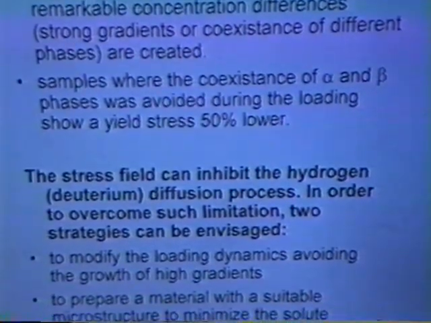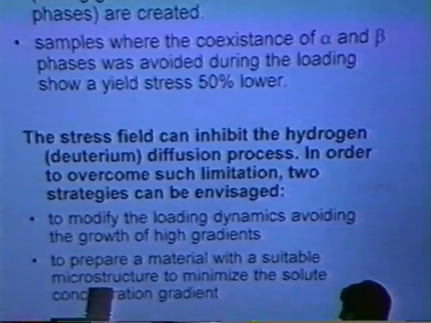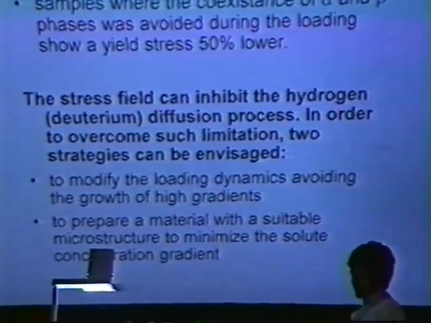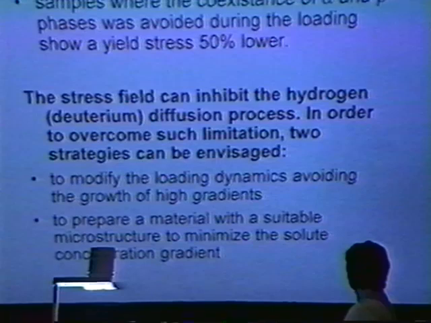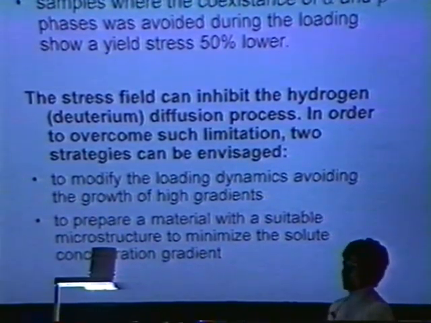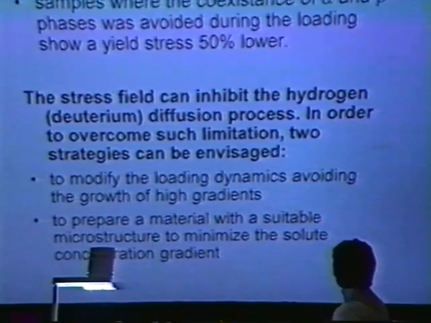During the phase of coexistence between alpha and beta phase, there are very high stress fields on the boundary of the grains, and the stress fields can be so high as to induce plastic deformation inside the metal.